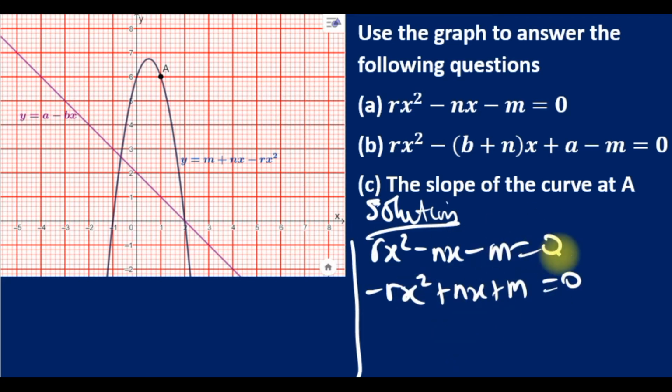So I multiply each of them by minus 1. And looking at this, it looks like what we have, because m is positive. We can write it as m plus nx minus rx squared equal to 0. So this is what we are given, and they told us it is y. So this is just that y is equal to that.